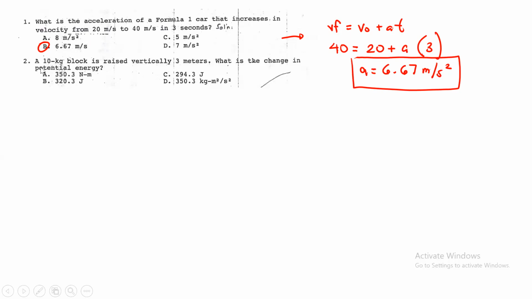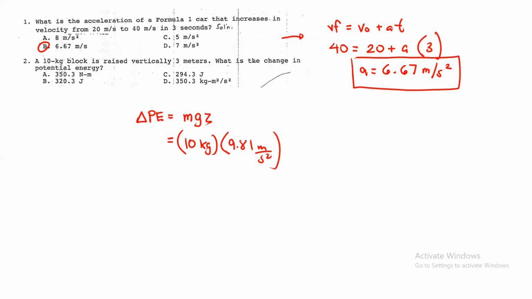So, number 2, a 10 kilogram block is raised vertically 3 meters. What is the change in potential energy? Change in potential energy, alam natin is mgz: mass times gravity times elevation. Ang mass natin is 10 kilogram, then G is 9.81 meter per second squared.